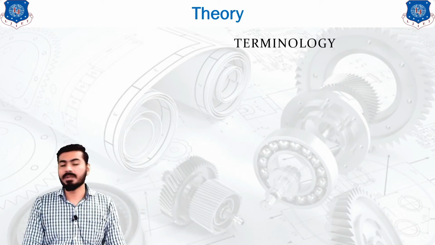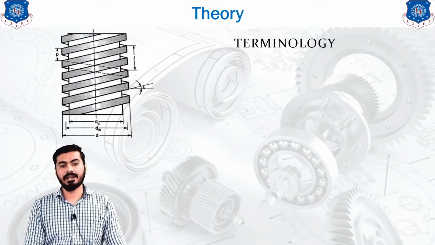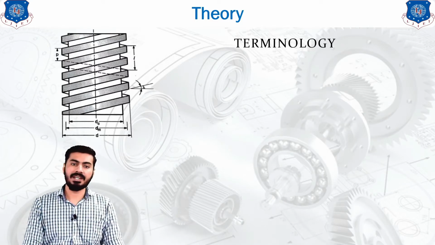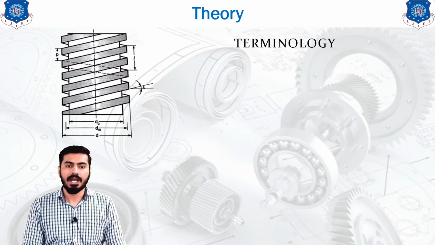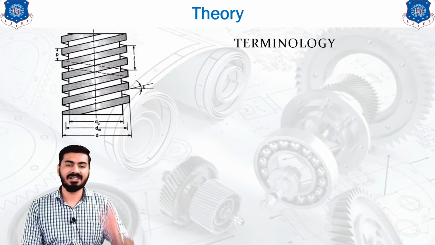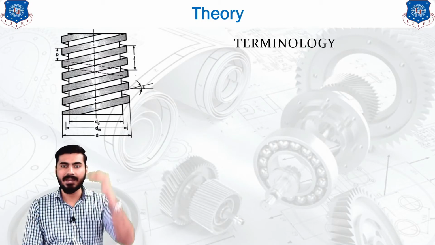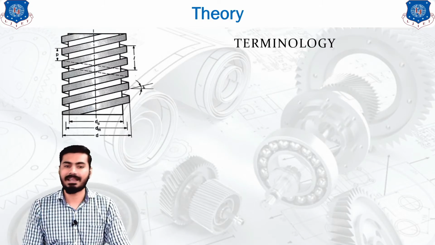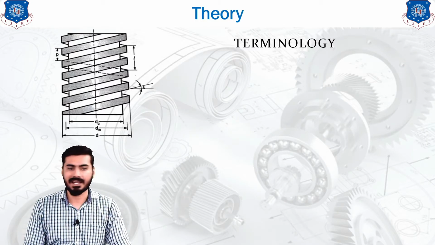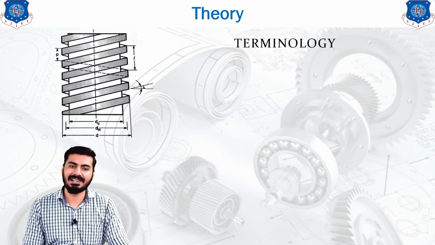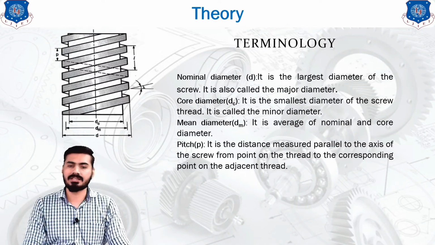Now we will see the terminology regarding the power screw, and for terminology we have a basic diagram indicating those terms, in which you will find 3 different diameters, D, DM and DC, and angles and lengths known as the helix angle, pitch and lead. All this terminology is represented over here.